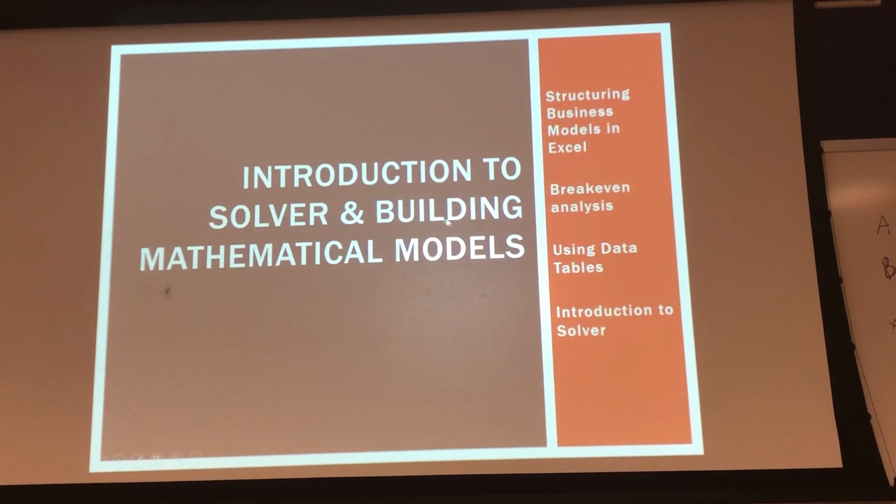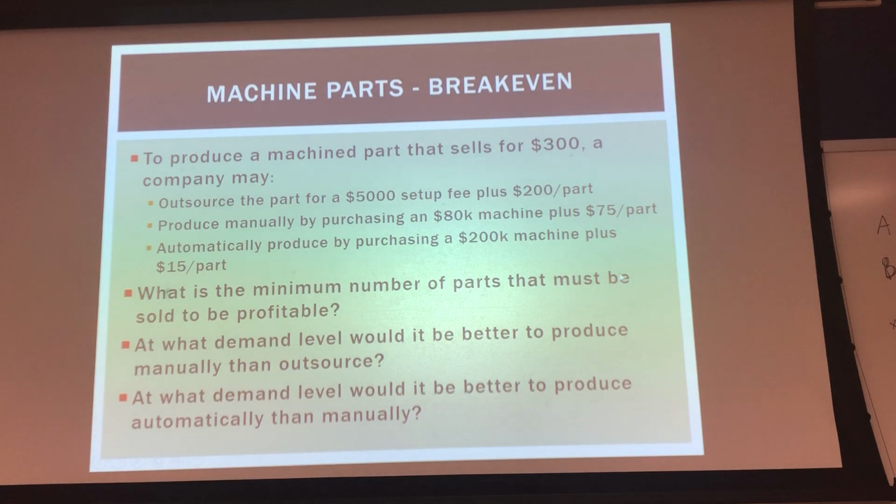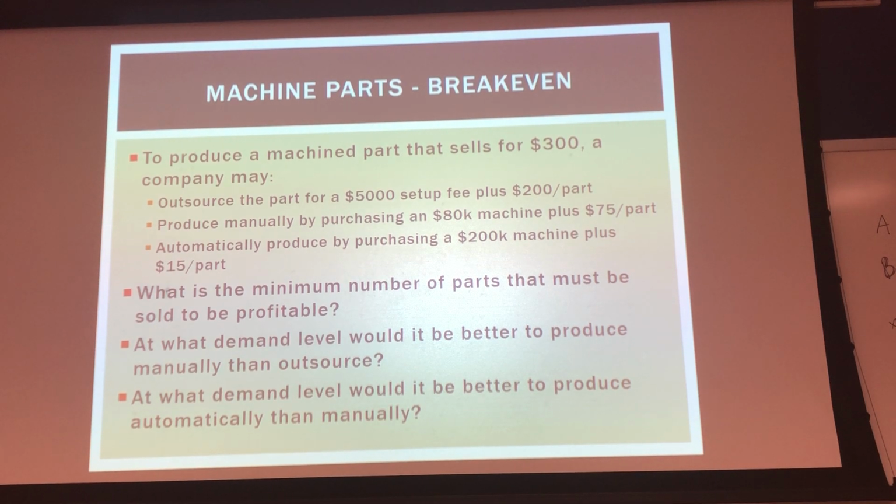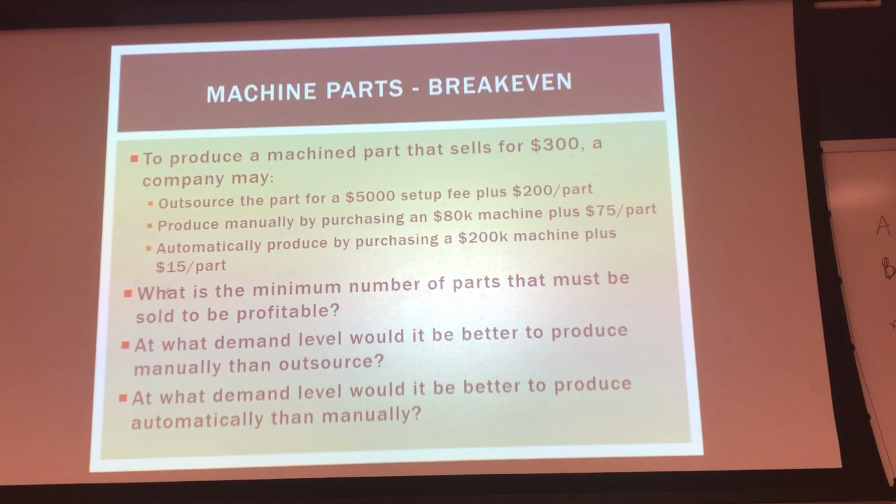We won't get to Solver today. We will first do this break-even problem. In this break-even problem, we sell a part for $300 that we could have made in one of 3 different ways. We could either outsource it, where we have to pay a $5,000 setup fee, which is nice and low, except then the variable cost of the item now is $200.